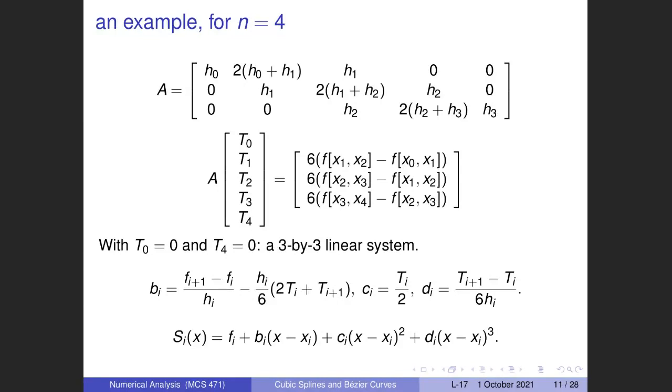The first column here appears with the T0, so if you do the matrix vector multiplication, and the last column, which I'll try to box in here, appears with T4. So we have a 3 by 3 system. The dimension is just small enough to fit on a slide and just large enough to actually see the structure of the linear system.